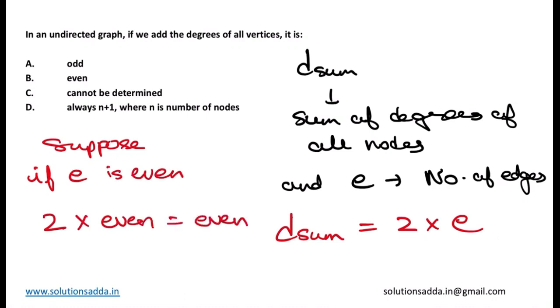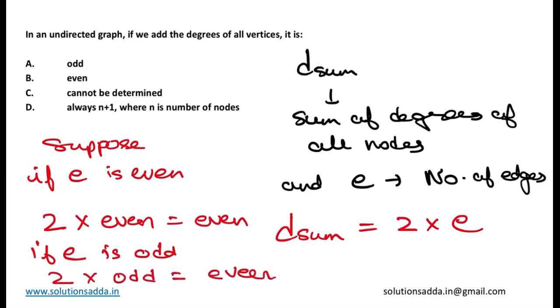Also, if e is odd, then twice into odd is again even. Therefore d sum, which is the sum of degrees of all nodes, is always even. Hence the correct answer for this question is option B, even.